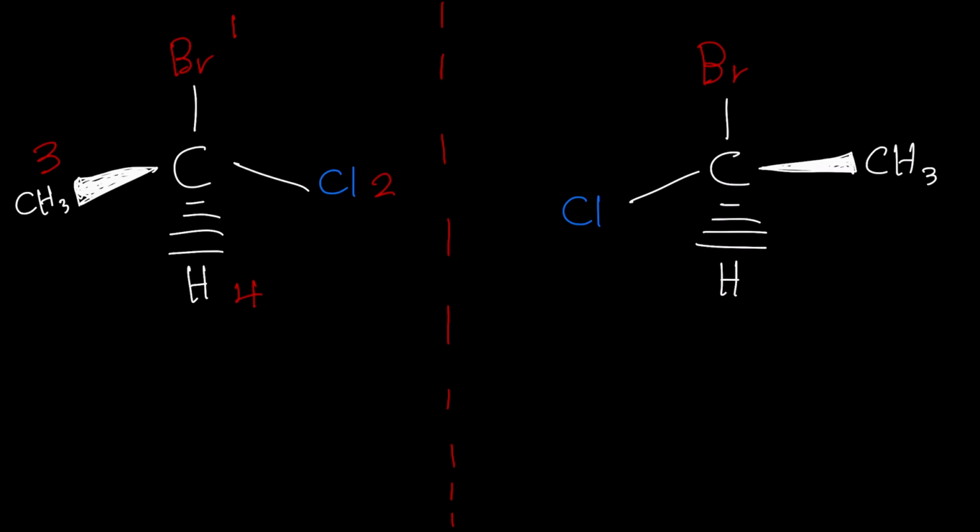Hydrogen is number 4 because it's the smallest in terms of atomic size, and it's also going into the page, which is how we want it normally. So we're going to start at 1, and we're going to count like this. As you can see, we are going clockwise, which would mean that we have an R configuration.